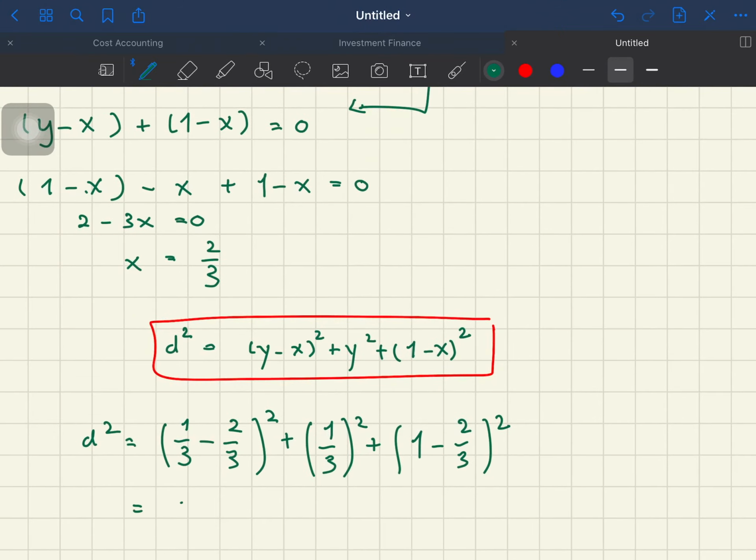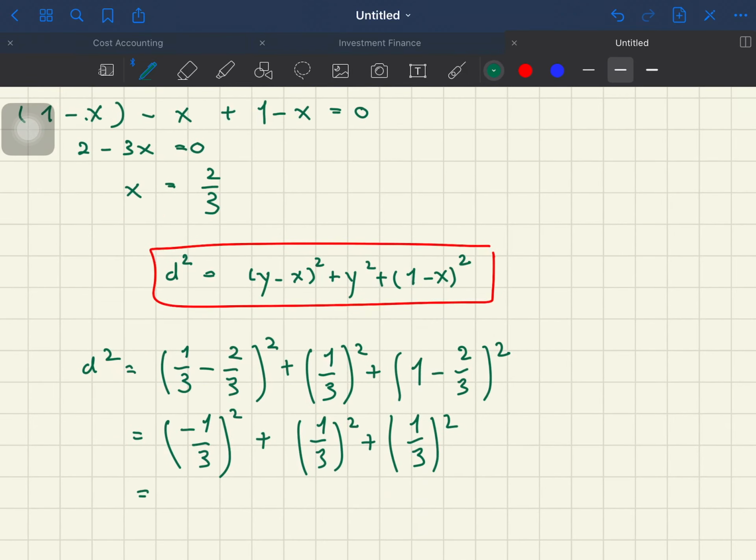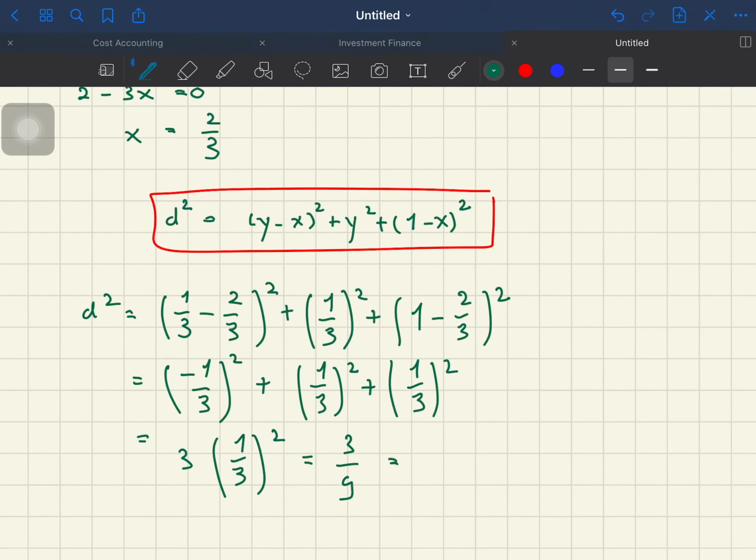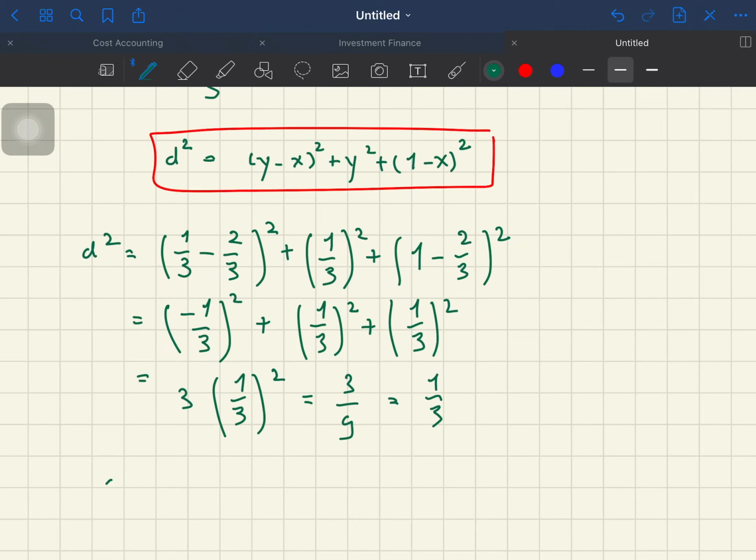You will get (1 over 3) squared, plus (1 over 3) squared, plus (1 over 3) squared, and this equals 3 times (1 over 3) squared, which equals 3 over 9, equals 1 over 3, and then d equals the square root of 1 over 3, and then QED.